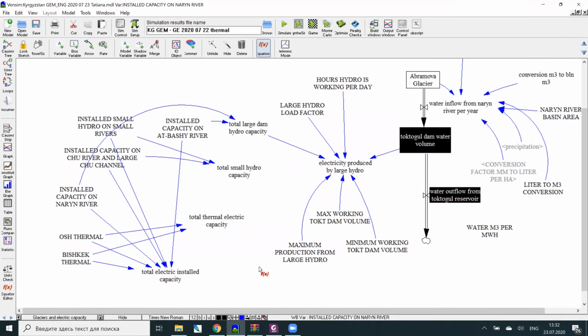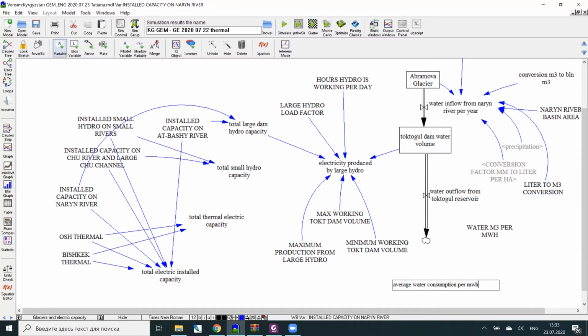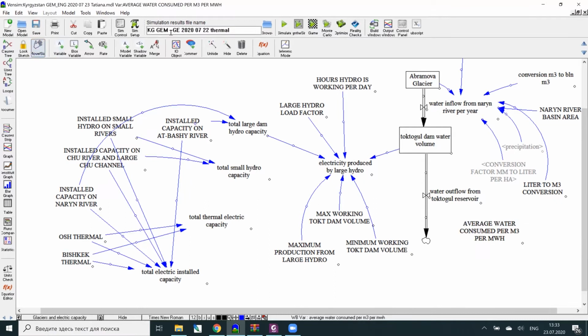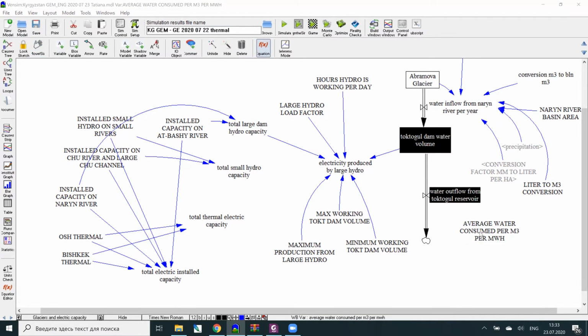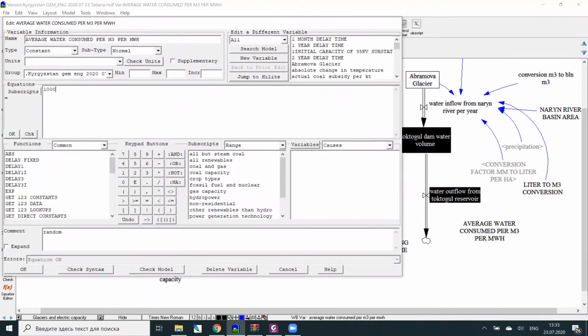So let me see. We have average consumption. Average water consumption per megawatt hour of power generation. Yes. But I have that already. I did add this. We just put it in as a constant.